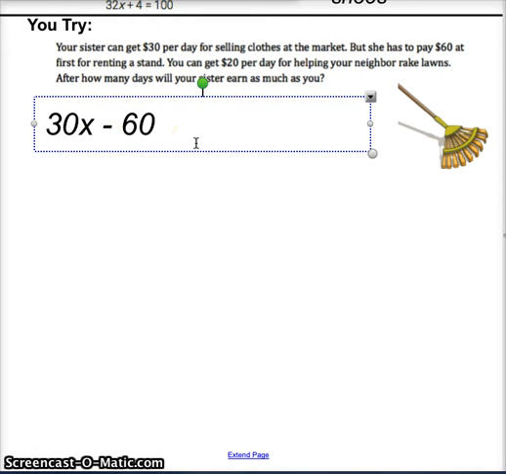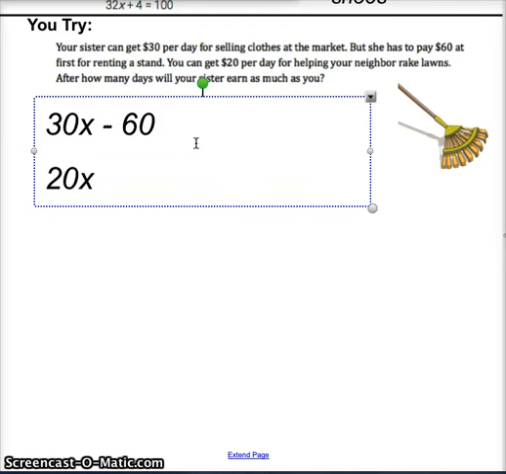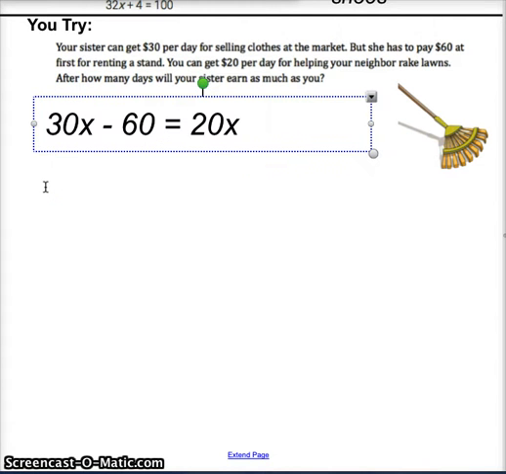And then you get $20 a day for raking the lawns. And now, since we want your sister and you to have the same amount of money, and we want to know how many days that takes, we can put an equal sign because we want your sister to have the same amount, so equals what you have here.